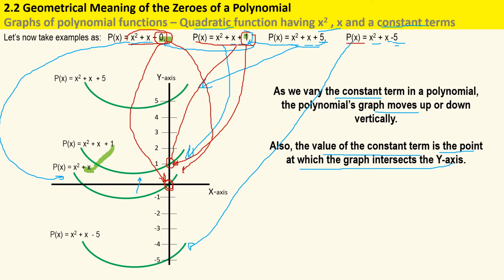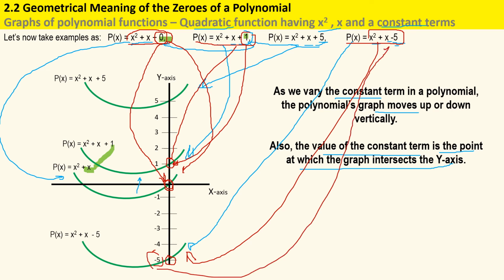And let's say here in this example, p(x) is equal to x squared plus x minus 5. The graph is plotted here, and this graph intersects the y-axis at the value minus 5, which is the same as the constant term's value.